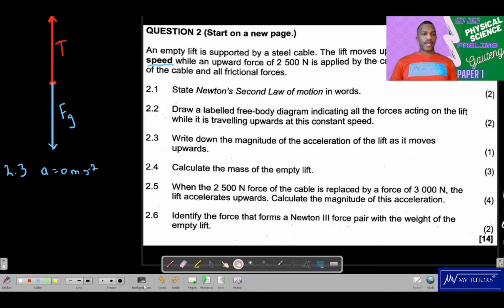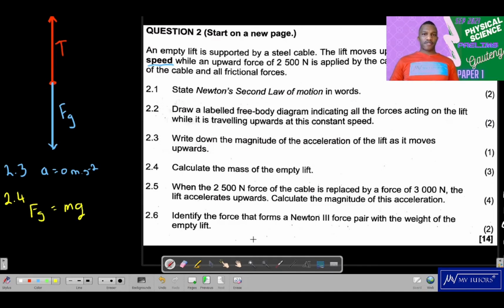We're going to change our color. Let's go yellow. 2.4 says calculate the mass of the empty lift. Very easily we know that the force of gravity is equal to mass times acceleration, right? And the acceleration is the gravitational acceleration, so that's g over there.